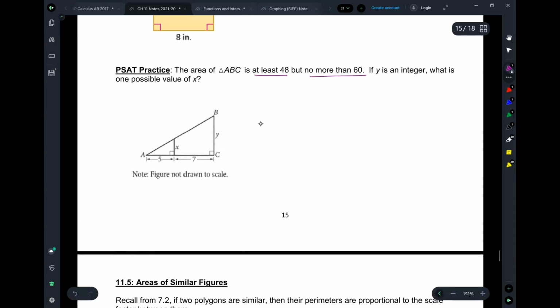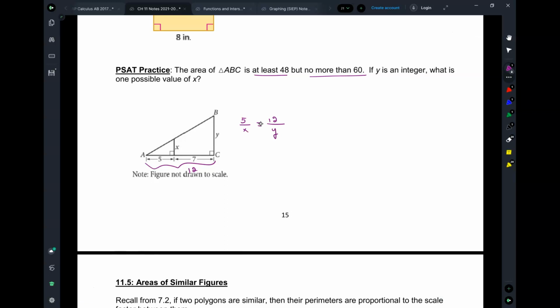All right, so to do proportional triangles, we always want to compare a smaller triangle with a bigger triangle, right? So we've got the smaller triangle here, sides of 5 and x, and then we've got the larger triangle. This has a side of 12 and a y. So 5 over x is equal to 12 over y.